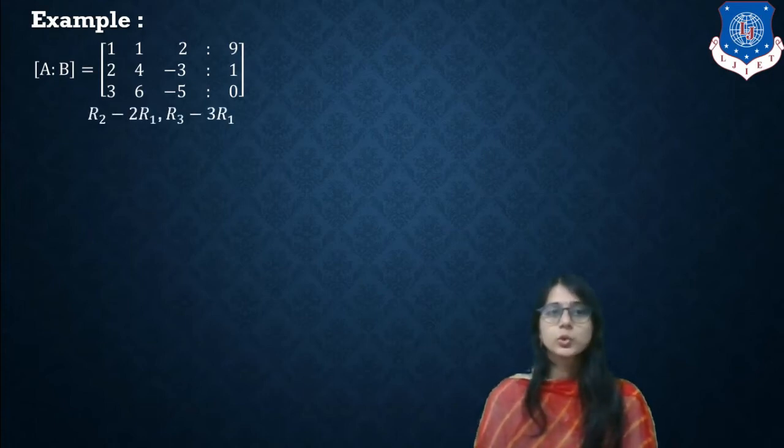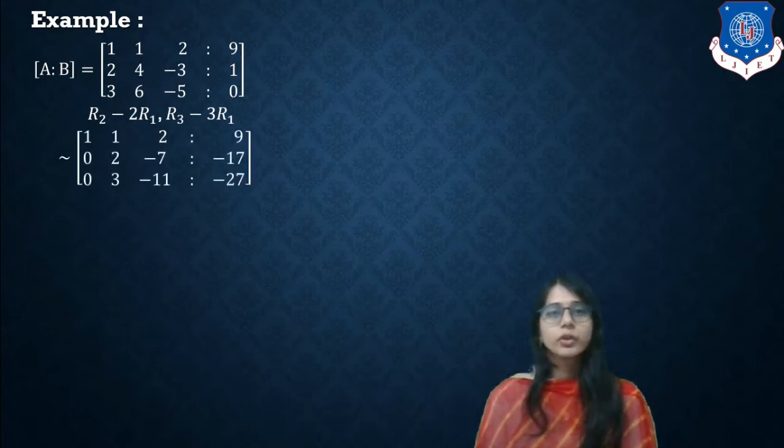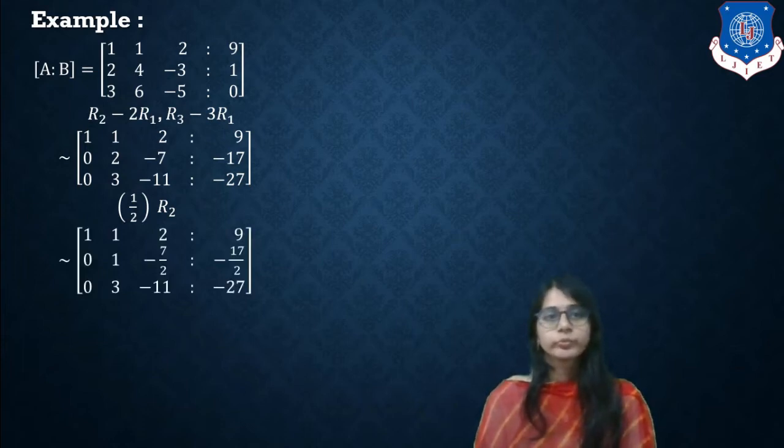So R2 - 2R1 and R3 - 3R1, we get 1, 1, 2, 9; 0, 2, -7, -17; 0, 3, -11, -27. Now, as per the row echelon form, we make R2 have a leading 1, so we multiply R2 by 1/2. We get 1, 1, 2, 9; 0, 1, -7/2, -17/2; 0, 3, -11, -27.